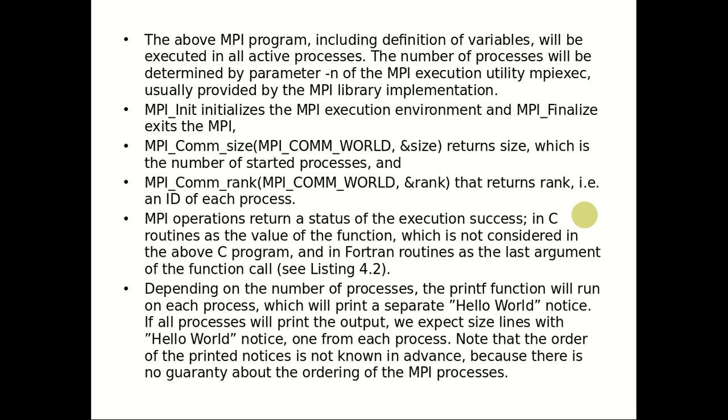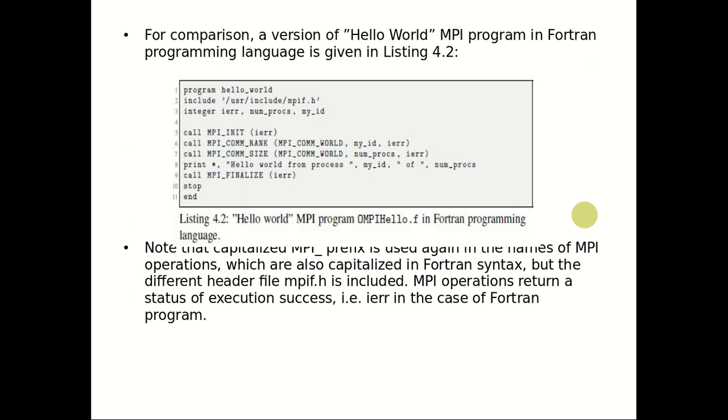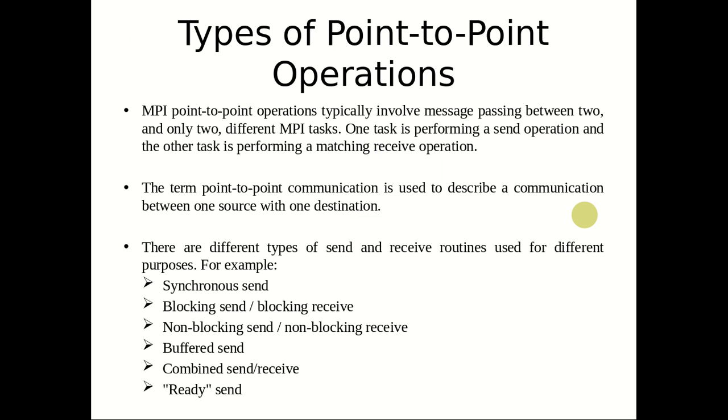The number of processes will be determined by parameter n. So we used 3 there, so that's why 3 processes were there. This is of the MPI execution utility mpiexec, usually provided by the MPI library implementation. Now MPI_Init initializes the MPI execution environment, and MPI_Finalize exits MPI. MPI_Comm_size returns the size, as I have already told, and rank returns the rank. If we want to run this in Fortran, we'll have to use this, but we are not going to run in Fortran.